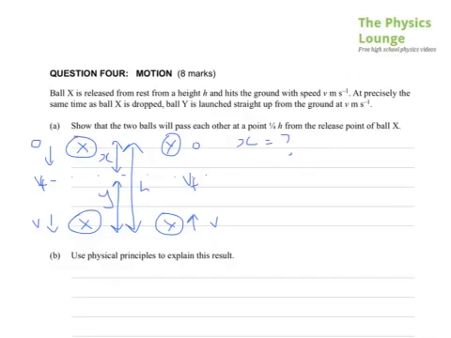So what we're after is a distance, x. If we were to give you a formula for the distance x, it would be using the kinematic equation d equals vit plus half at squared.